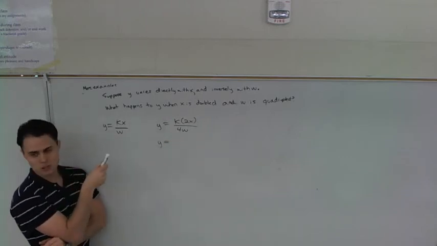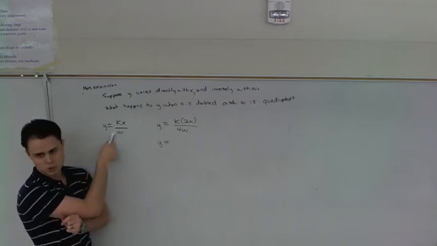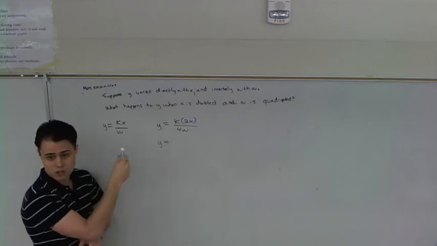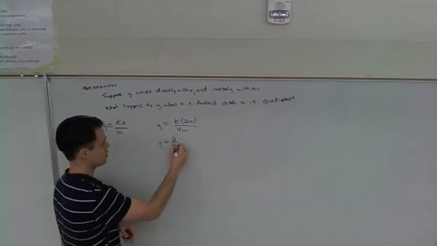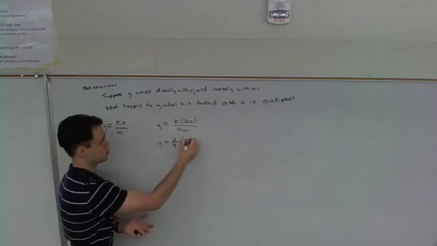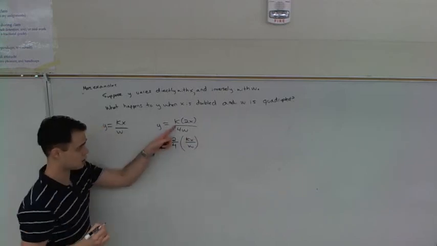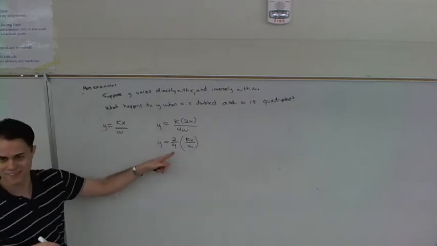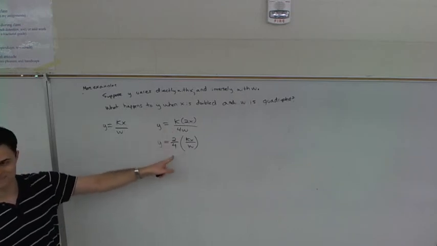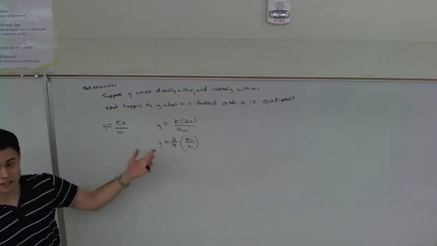So rearrange this to look like this. What should I do with the 2 and the 4? Just put them outside, so just say 2 and 4 right there. And then here's kx over w. Is that the same thing, Anna? Yep. Why did I do it like that?